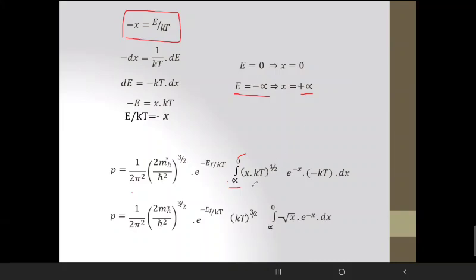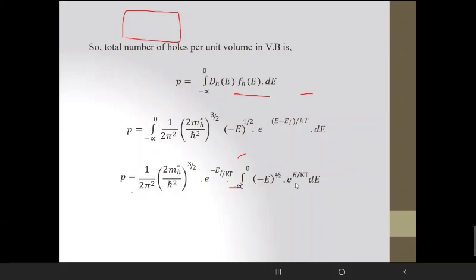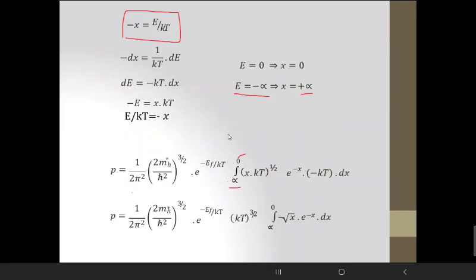And here, E to the power of half exponential of E over kT becomes x into kT to the power of half exponential of minus x, minus kT into dx. So all the constants, mh star, Ef, kT, should be taken out. Infinity to 0, minus root of x exponential of minus x dx.